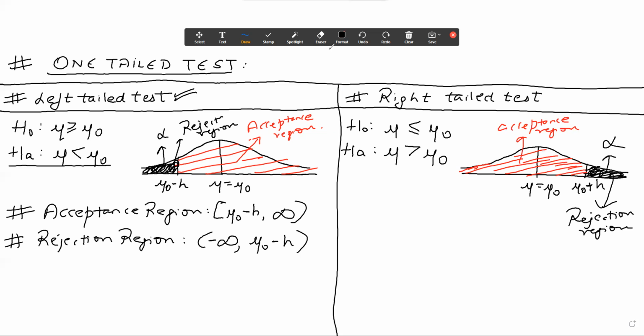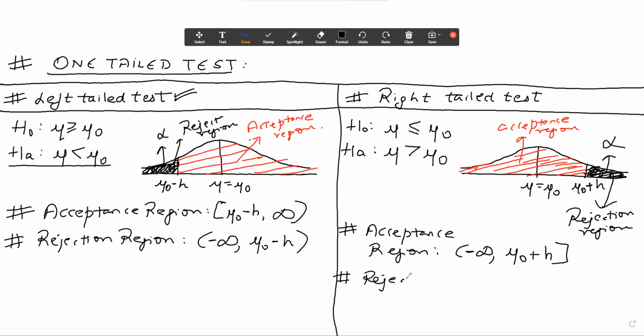And now if I put it in interval form, it's going to look like this. Acceptance region will be minus infinity to mu naught plus h included. Rejection region will be mu naught plus h to infinity.